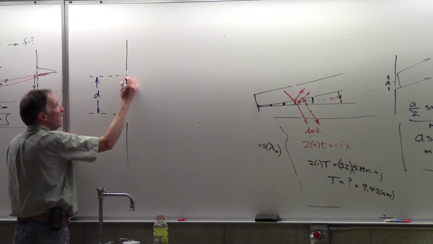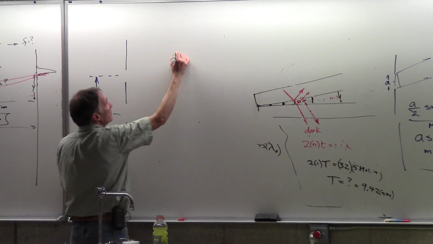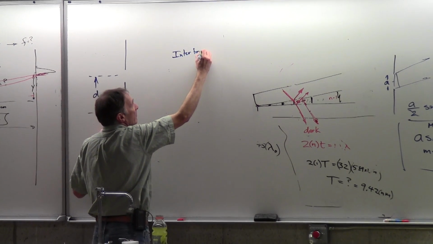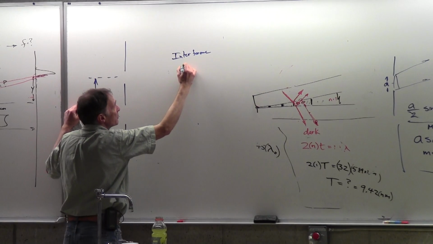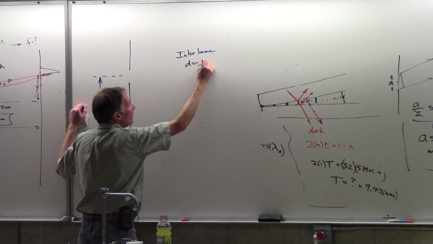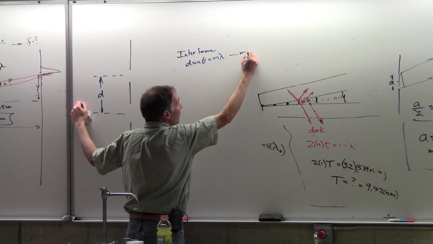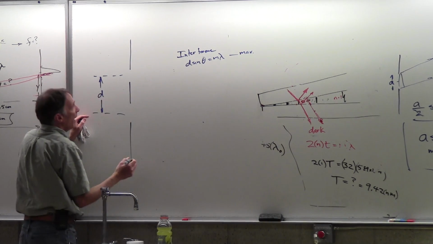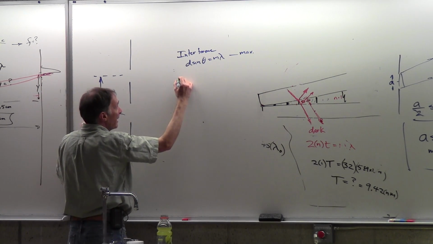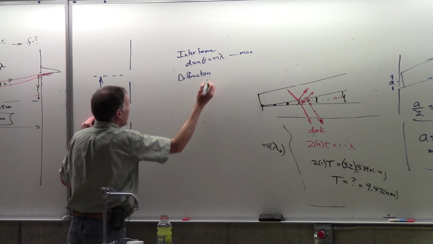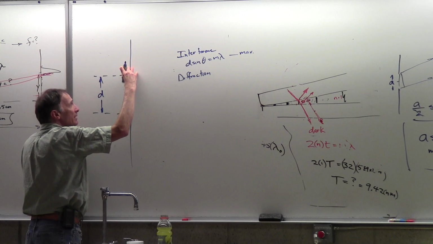And so for interference, we know that d sine theta is equal to m lambda is a maxima. For diffraction, that is the actual slit width.